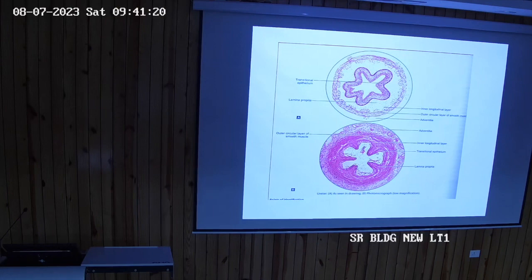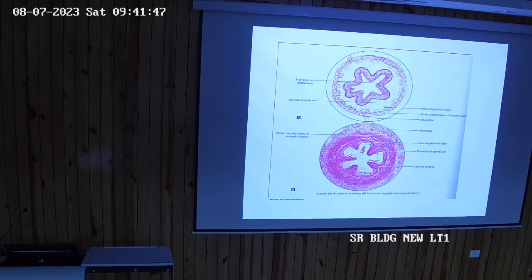Why is it arch shape? There is reason. When the epithelium will compress in the case of distension, when the bladder is full, then the layer will compress. So this inferior arch shaped surface provides the space. Okay. Because of that, it is dome-shaped cell. So that is the transitional epithelium.